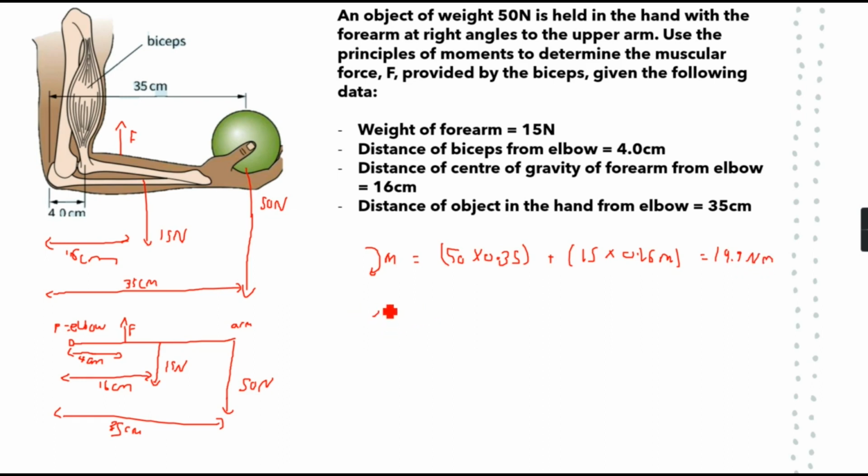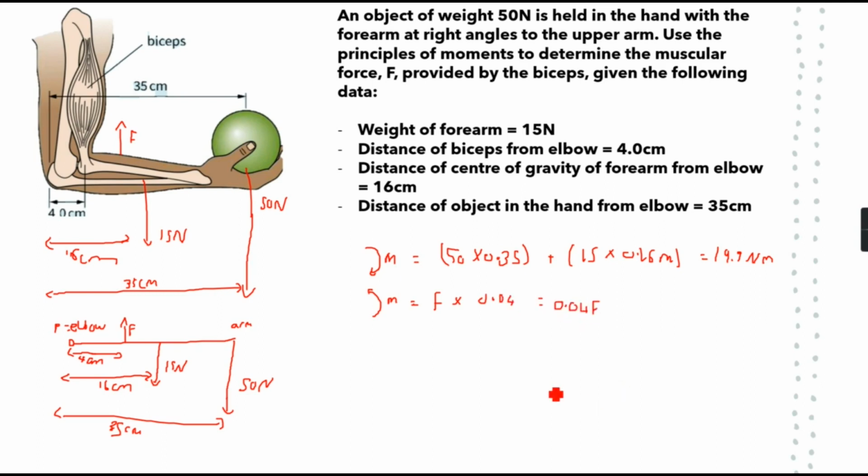Now we just do the same for the anti-clockwise moments. The only one here is the bicep putting a force upwards. So that is our force F times its perpendicular distance from the pivot, which is 4 centimeters, so that's 0.04 meters.